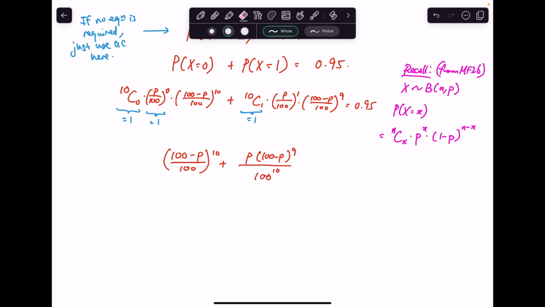Okay, so I have this. If you want to, you can also split this into power of 10, power of 10. Then we have equals to 0.95.